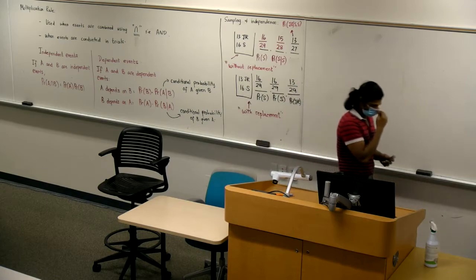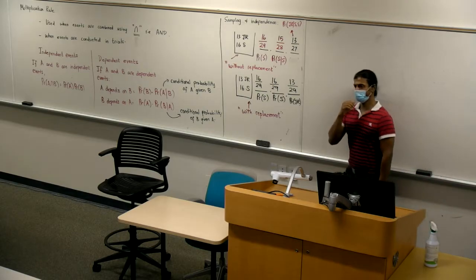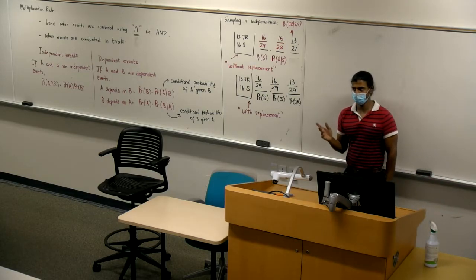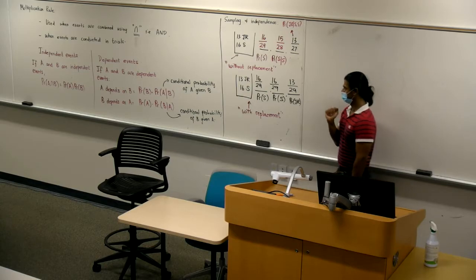With replacement sampling implies independence. Without replacement sampling implies dependence of the events. Does that make sense? Good?